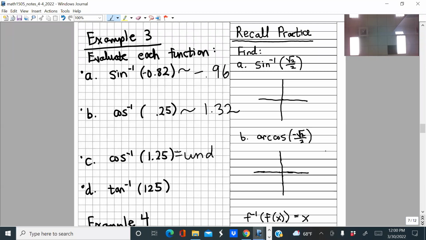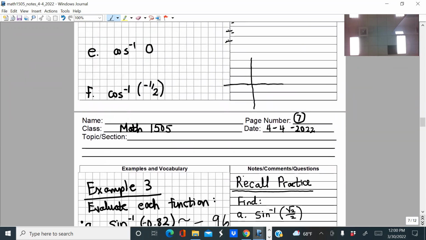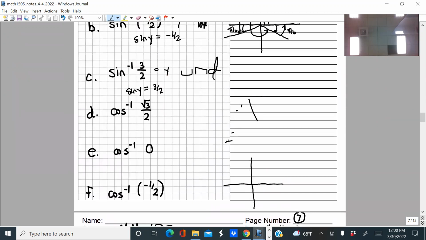What's the arc tangent of 125 approximately? 1.56. So don't automatically assume that this one is going to be undefined also. Let me fill in what I messed up before. This is undefined.